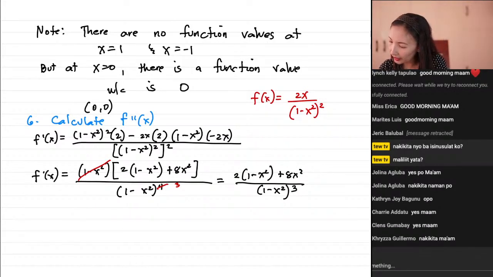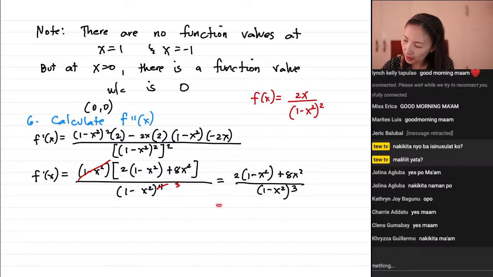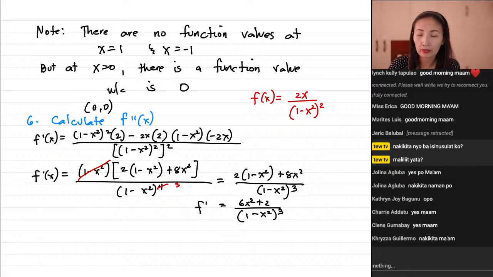Negative 2x squared plus 8x squared will be 6x squared, plus 2. So finally, we can reduce this into 6x squared plus 2 all over 1 minus x squared raised to the third power. So this is f double prime of x. Now we move on.